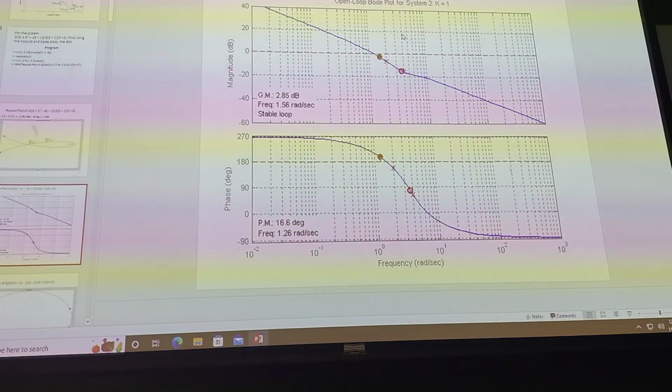You can still get that in this case if you take into consideration that you are taking near this point, which is the point where the function cuts the 0 dB.